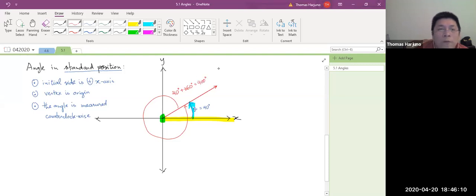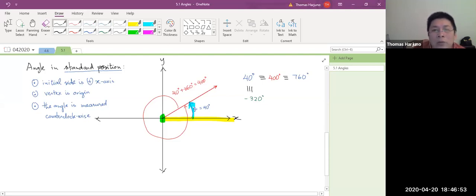So 40 degrees is coterminal, and we use this notation, to angle 400 degrees. If you want to go further, that's still coterminal to, if I add 360 degrees to 400, I get 760 degrees. In fact, if I subtract 360 degrees from 40, that's negative 320 degrees, they are still coterminal. All of these are coterminal.